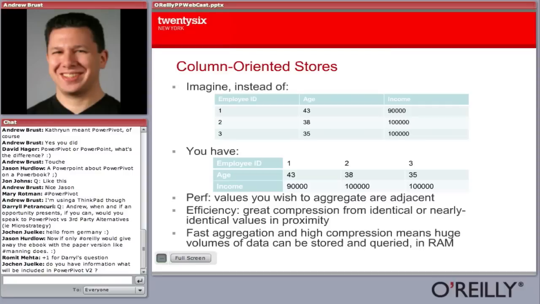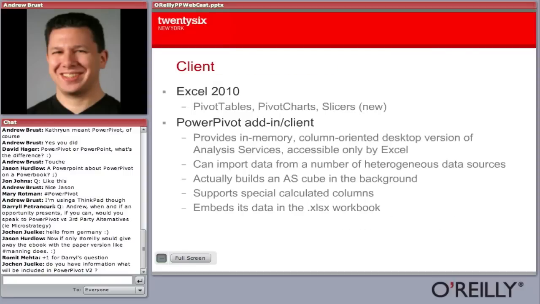And when I say memory, I mean a lot of the early Gemini demos, just to prove a point, PowerPivot demos when it was still called Gemini, the code name, were done on a netbook that had all of 2 gigs of RAM in it. I will admit my machine has a lot more than that today, but you can do millions of rows of fact data in PowerPivot on the desktop. Sounds too good to be true, but it in fact works out very well.